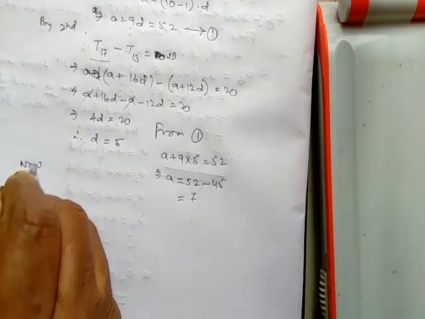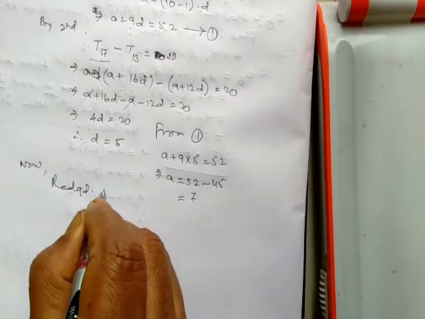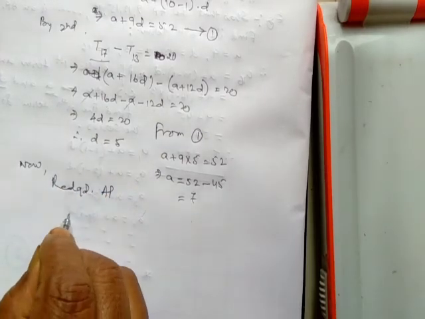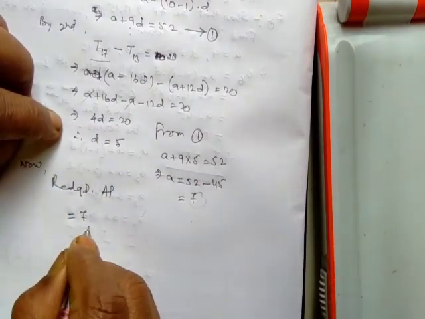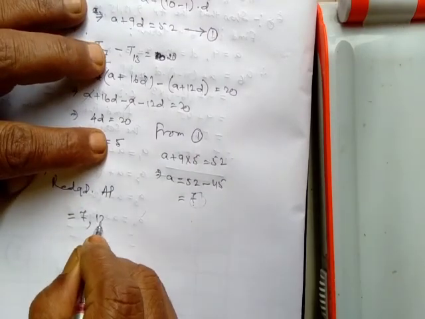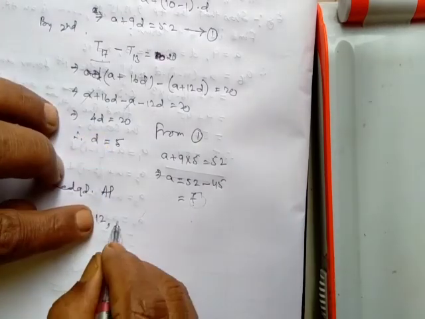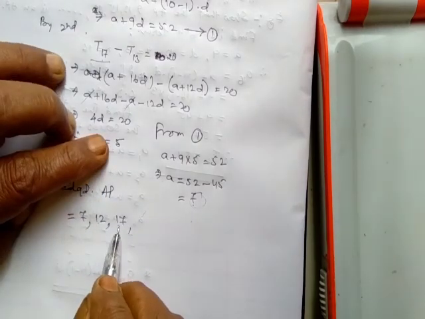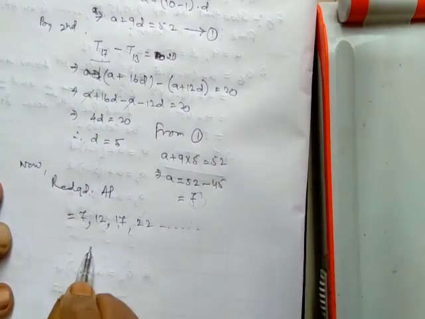Now the required AP: the first term a is 7. Second term, 7 plus 5 is 12. Next term, 12 plus 5 is 17. 17 plus 5 is 22. Like that it goes. This is the required AP.